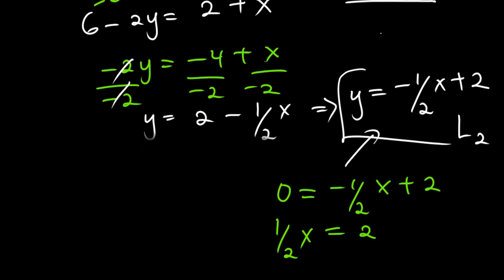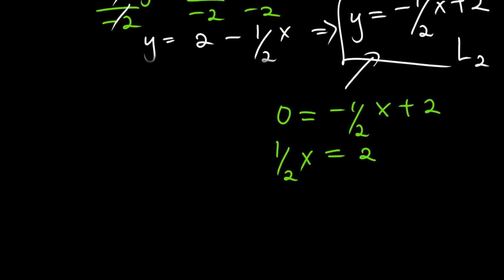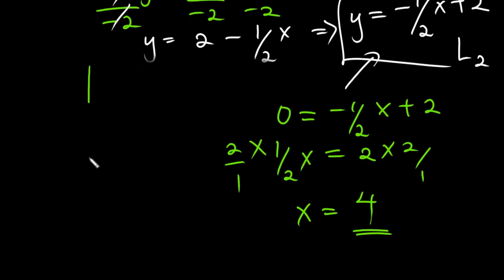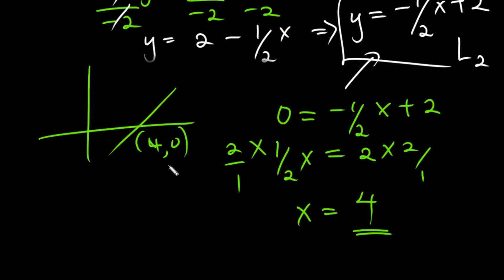We can multiply through by 2, and x is going to be 4. So 4 is the x-intercept, or rather at that point where this line is cutting the x-axis, the value of x will be 4, and of course the value of y will be 0.